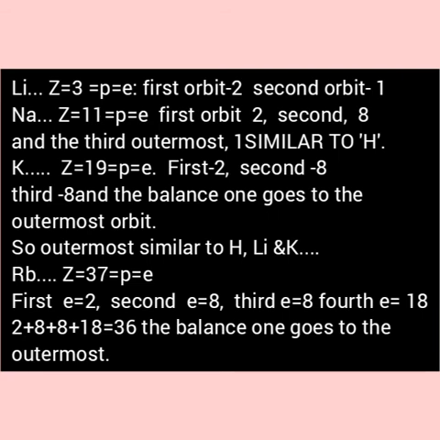Then draw lithium. You will be surprised to see that the outermost orbit contains only 1 electron. Then draw sodium; its outermost orbit also contains only 1. Potassium also is like that. Even though the size of the atom is increasing, the outermost electron is only 1.